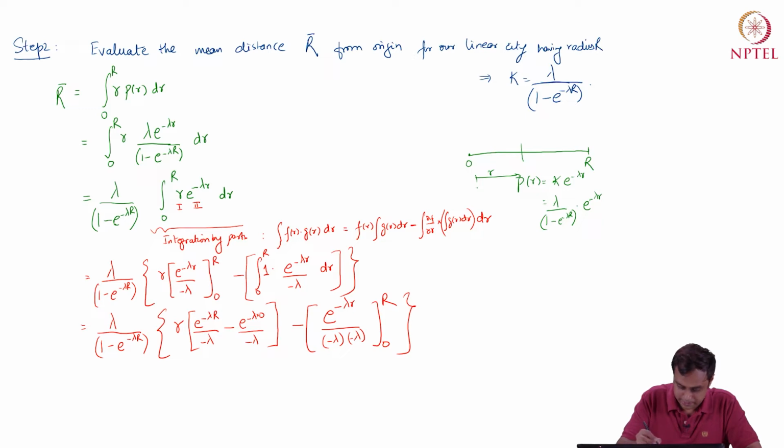Sorry, I made a mistake here. I think this R was supposed to be inside here. So you have a capital R here, and there is 0 sitting out here. So this becomes simpler. Sorry about the fumble.